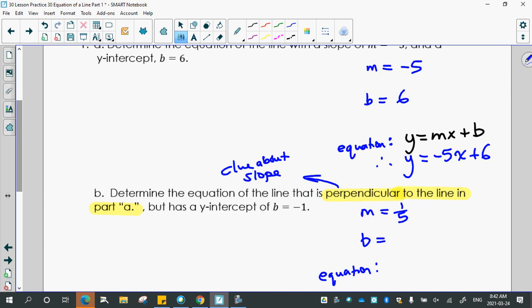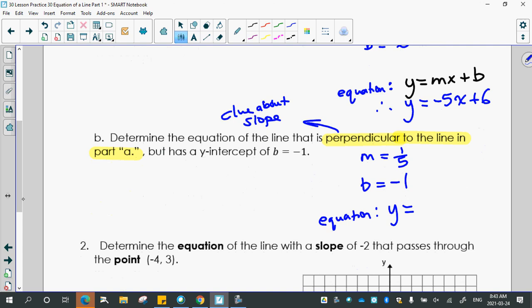Okay, but has a y-intercept of -1. So therefore, the equation is going to be y equals 1/5 is the slope, so mx plus b, but if b is negative, it's -1. There's your equation. Any questions so far?